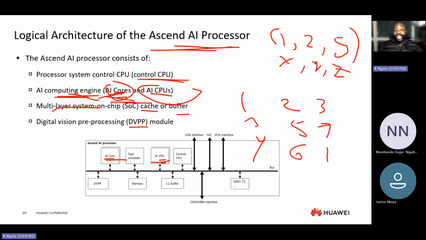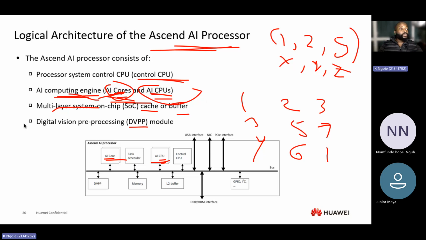Remember when we spoke about activation functions? The operations that activation functions are doing are happening in the AI core. I've mentioned how the AI CPU will help the AI core to do this operation by arranging how the data are being allocated, how the data are being managed.